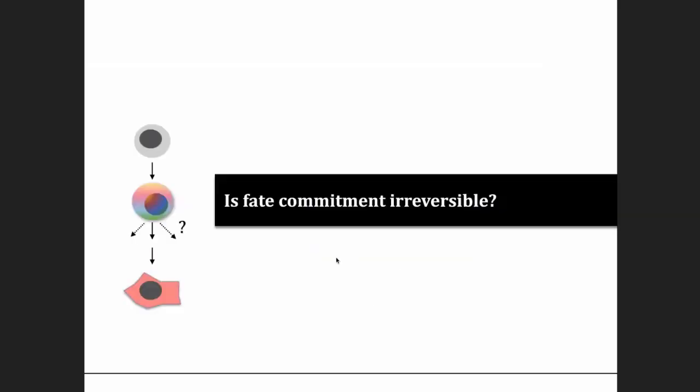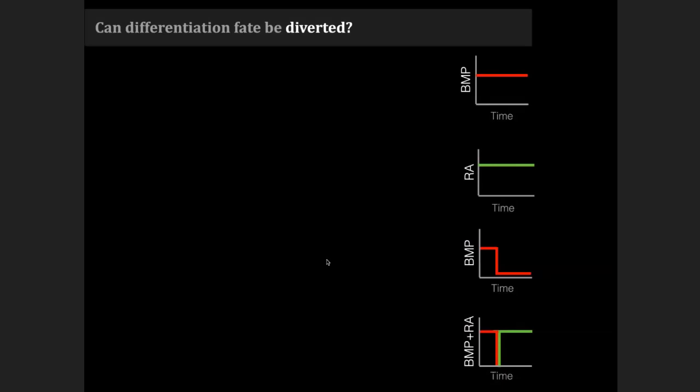So I would like to finish by asking one last question. I'm basically showing you that cells irreversibly leave pluripotency and commit to differentiation. But how irreversible is actually this commitment? In other words, could we divert fate choice or not in this scenario? So the experiment that we did was very simple, and it was giving a pulse of BMP to the cells.